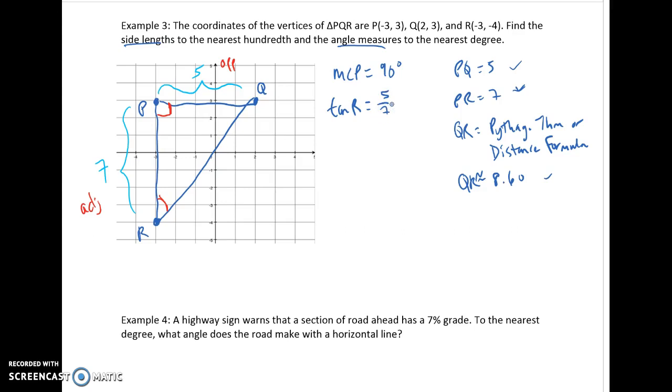Once again, going back to SOHCAHTOA. And remember, to find that measure of angle R, I'm going to use the inverse of tangent, right? Because that's the opposite of tangent. I can't divide by tangent, but I can do the inverse tangent function. And this I'm going to do in my calculator, right? So again, if you have trouble getting the answer in your calculator, please ask me. But try this in your calculator and you should get approximately 36 degrees, right?